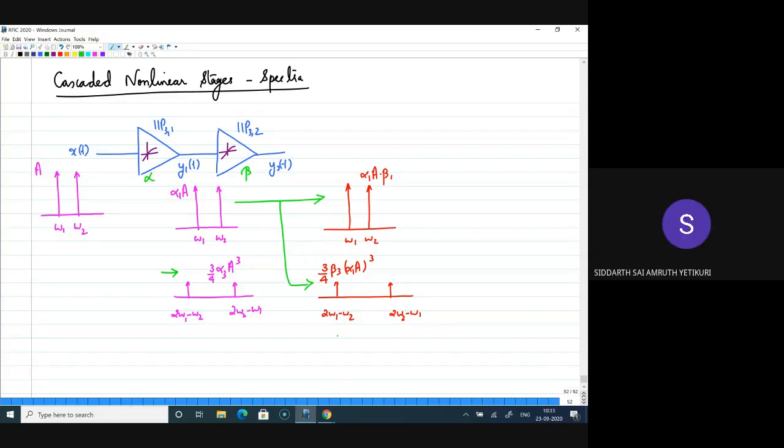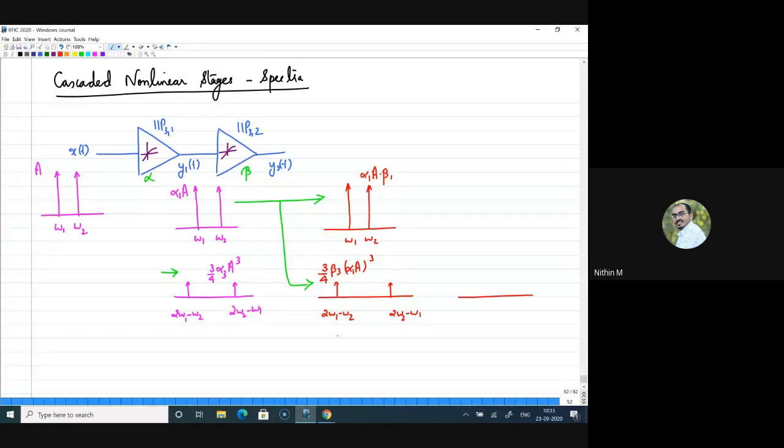Yes Siddharth, go ahead. It'll be multiplied by beta 1, sir. Yeah, it will be multiplied by beta 1. So this component, which is the intermodulation component of the first stage, will be directly available at the output of the second stage with the gain factor multiplied. So I can draw one more component here, I'll just use this red color.